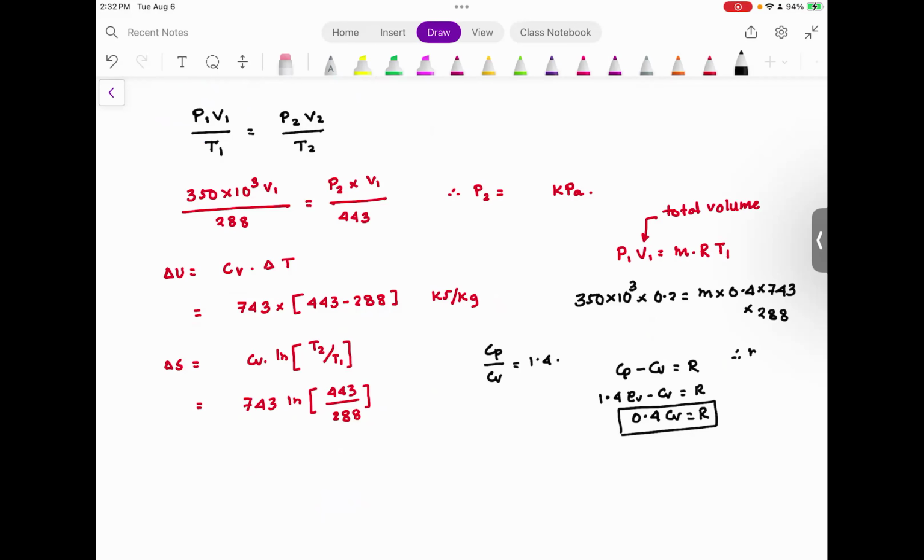With that, you will be able to find the value of mass, and by multiplying this mass with the specific enthalpy, specific internal energy and specific entropy, you'd be able to find the total entropy and total change in the energy.